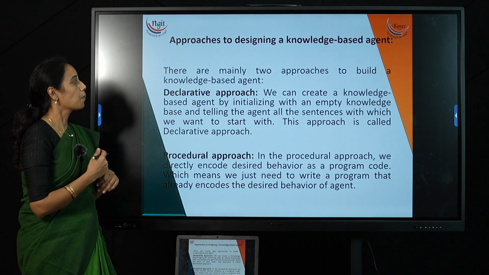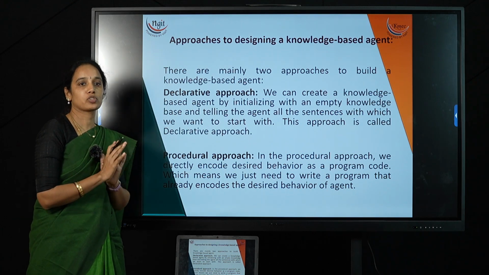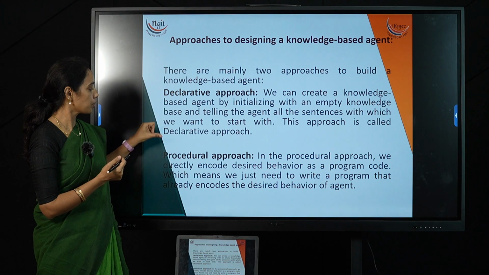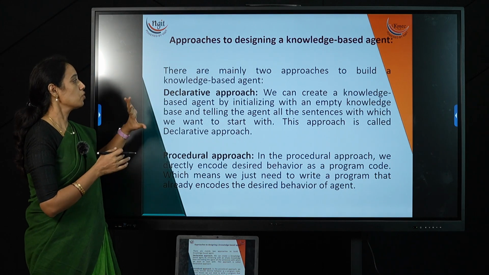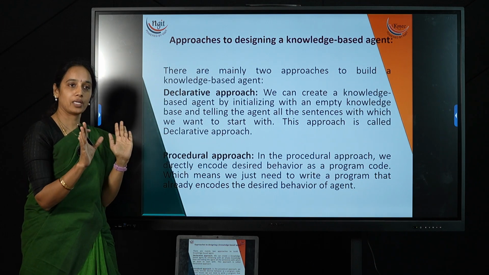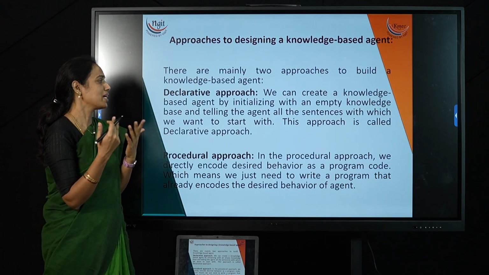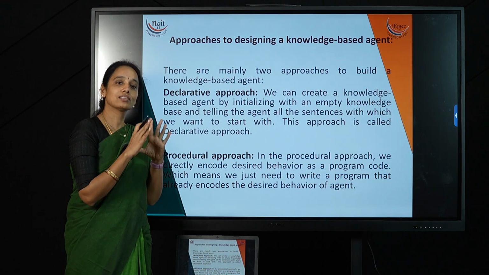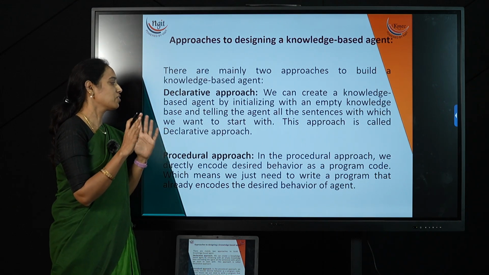Coming to the approaches, we need to follow some approaches to design a knowledge based agent, that is the declarative approach and the procedural approach. What do we mean by the declarative approach? Here we create a KBA, that is a knowledge based agent, just by initializing it with an empty knowledge base and telling the agent all the sentences with which we want to start.